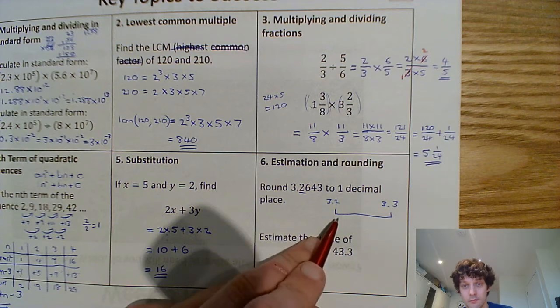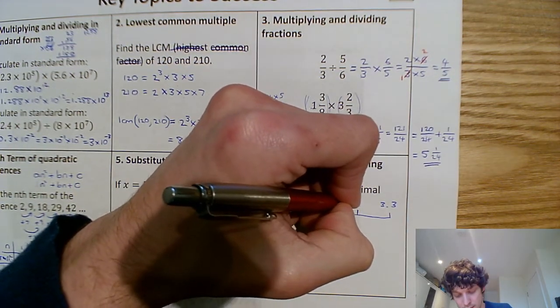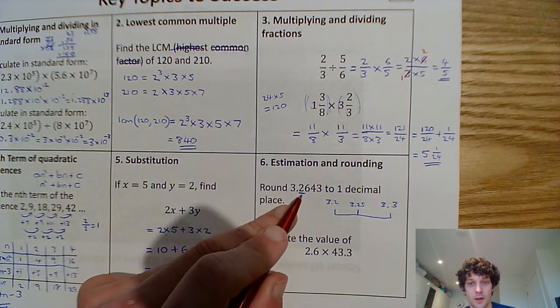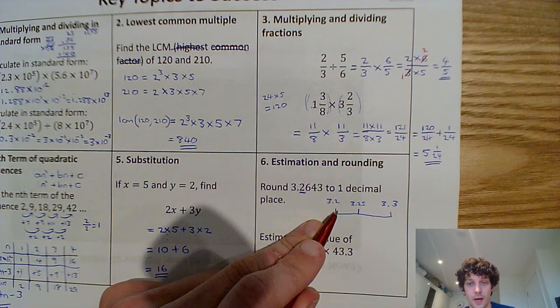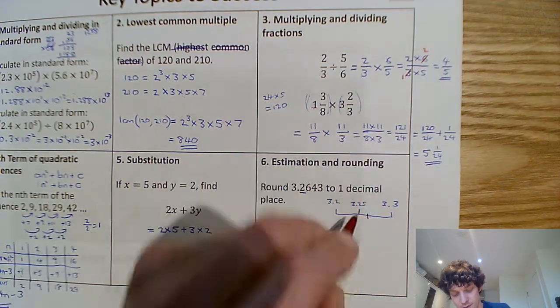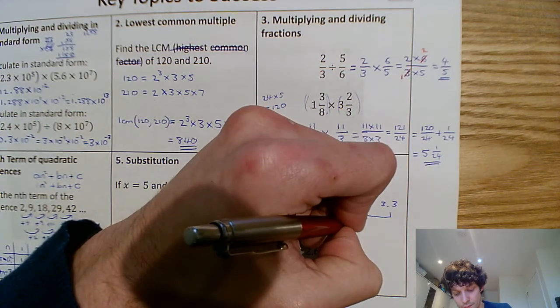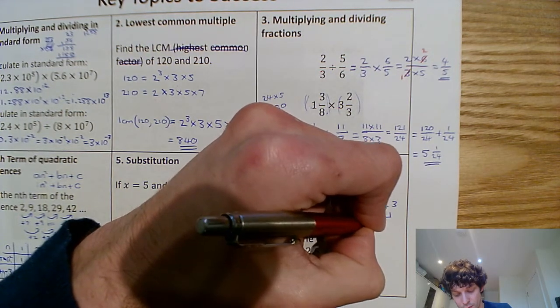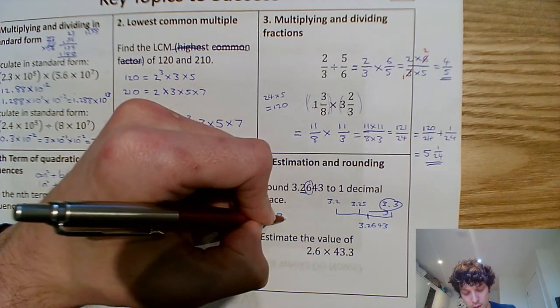To help me, I need to work out what's in the middle of that. Well, what's in the middle is 3.25. Is 3.2643 above 3.25 or below? Well, this has got 5 hundredths. That's got 6 hundredths. So it's above. So 3.2643 would round up to 3.3.